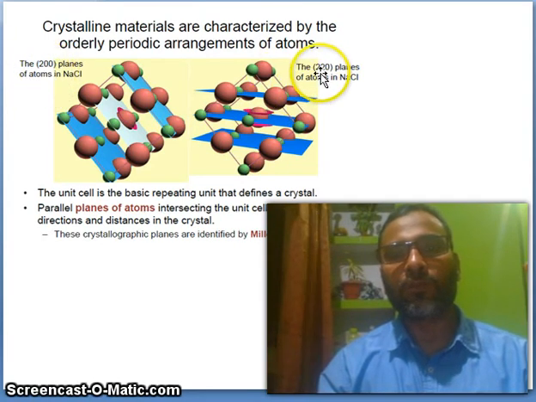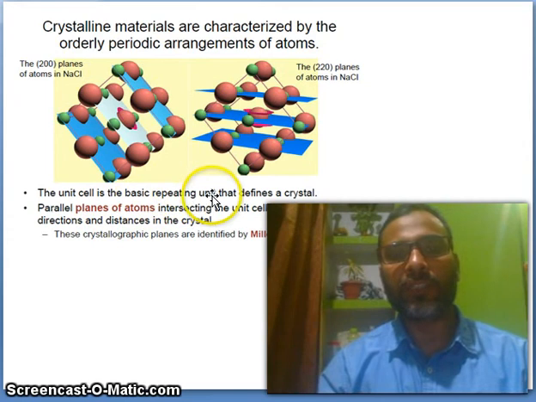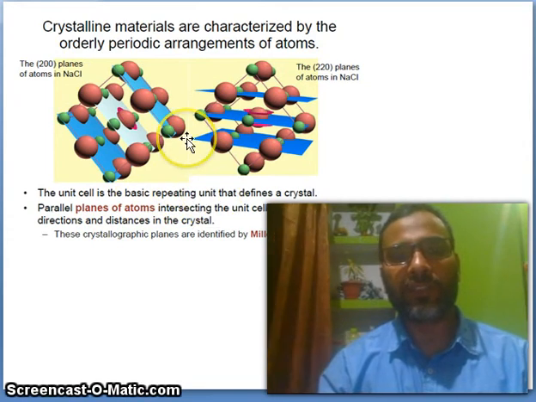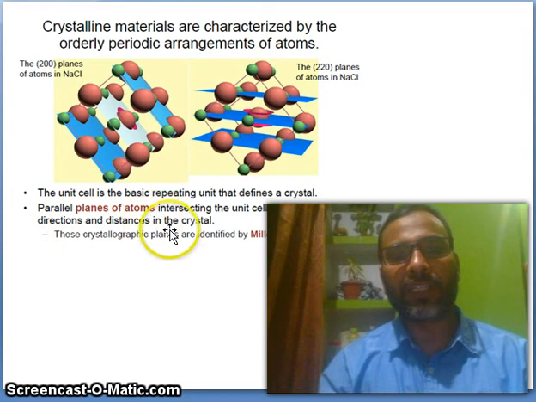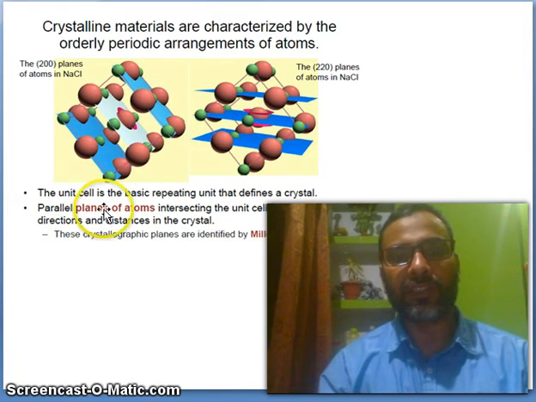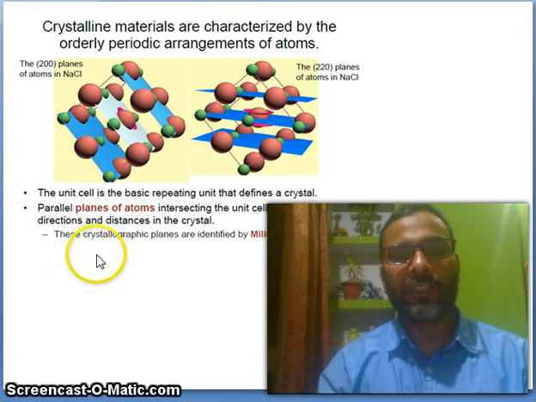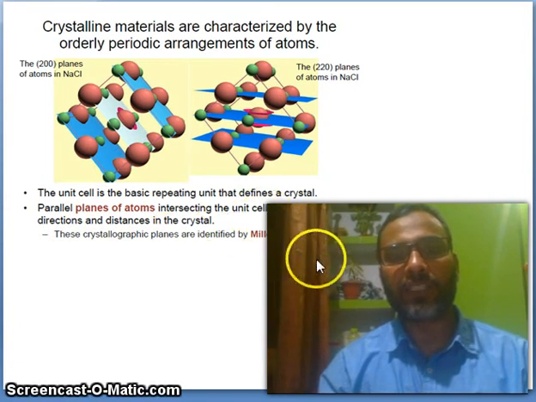The unit cell is the basic repeating unit that defines the crystal. That is very basic. Parallel planes of atoms intersecting the unit cell are used to define the directions and distances in the crystal. These crystallographic planes are identified by Miller indices, meaning hkl.